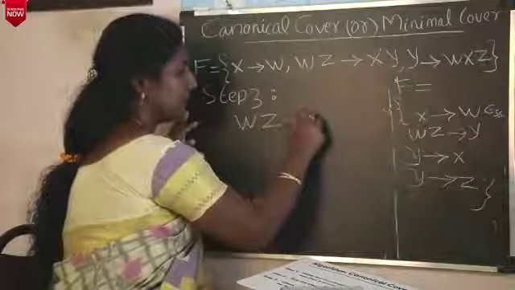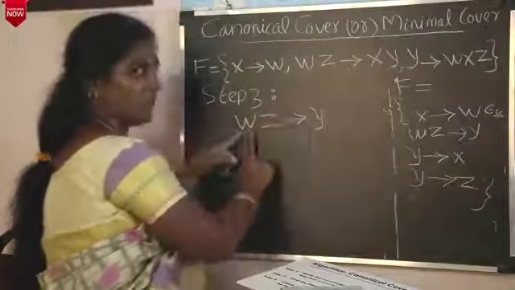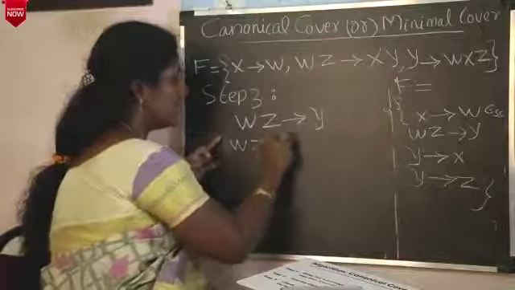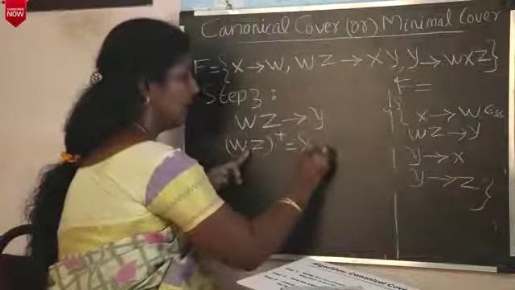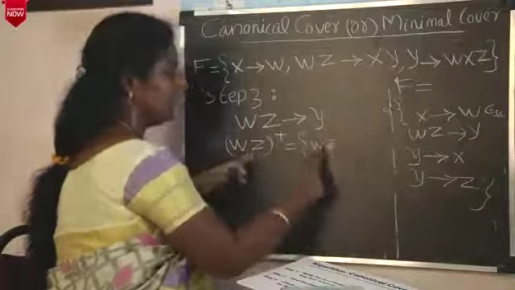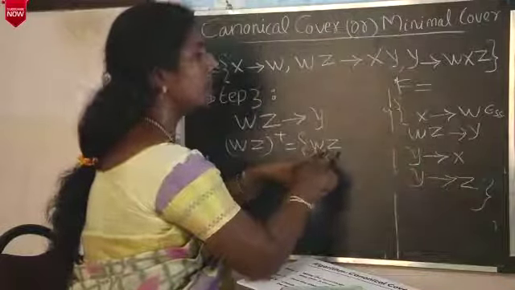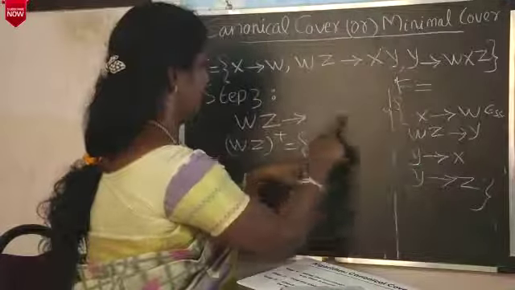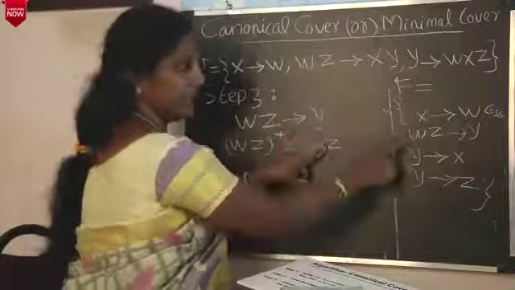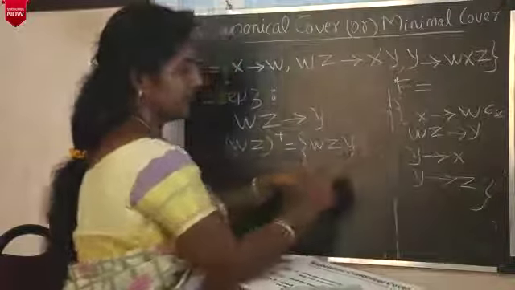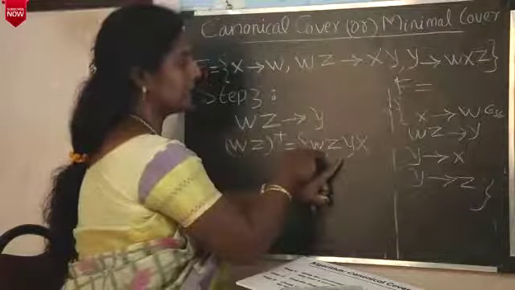Wz determines y. We need to find the closure of this Wz. So Wz closure is Wz determined by itself, and Wz determines y, y determines x, y determines z.